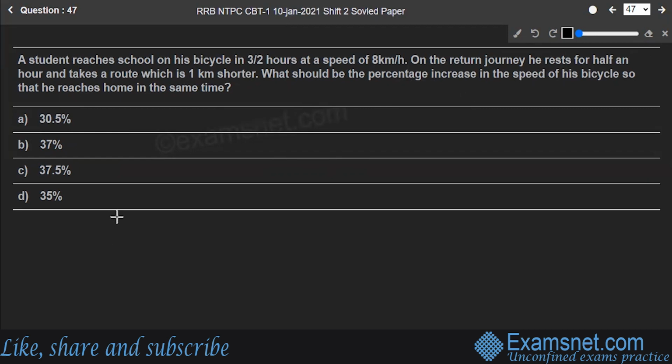So first thing, this is the time and this is the speed. So distance of school from home is speed into time. So speed is 8, time is 3/2, which is equal to 12 kilometers.